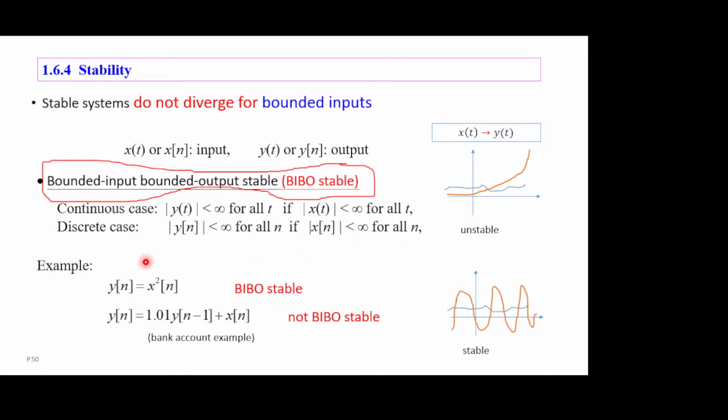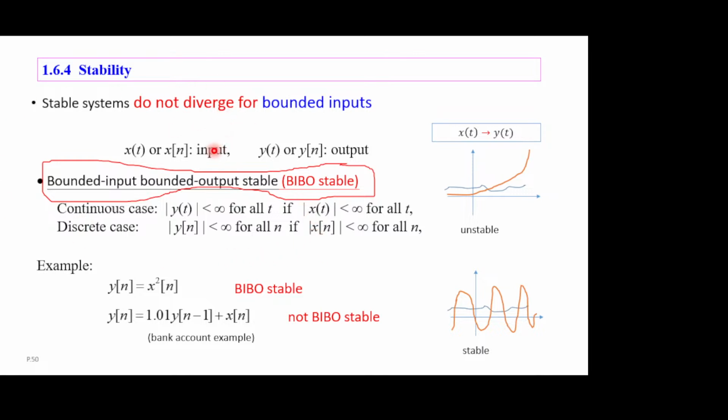Any question? Okay. So now this is I think the most complicated property to check, because you are still going to be asked to say whether something is stable or unstable.